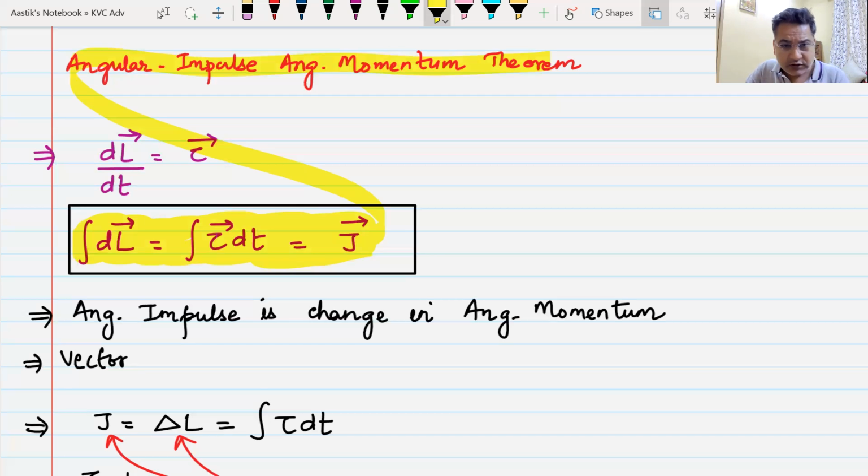Now, we can do a special case of this angular momentum theorem. What is the special case of this angular momentum theorem? I will call this angular momentum theorem the mother theorem. Now, you might have remembered this term mother theorem that I've used.